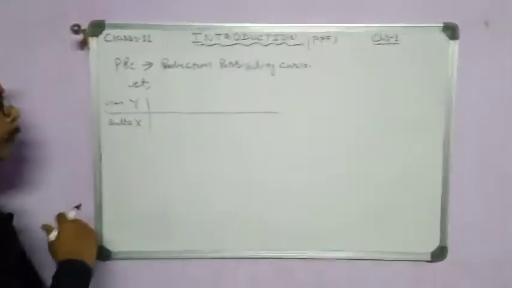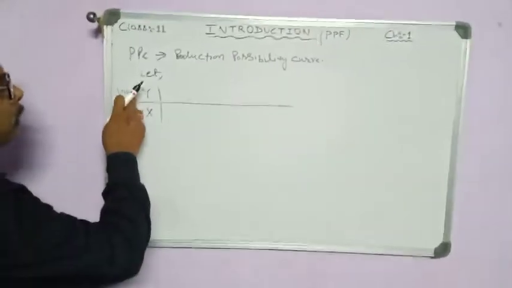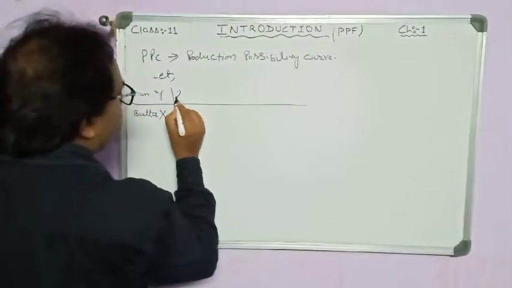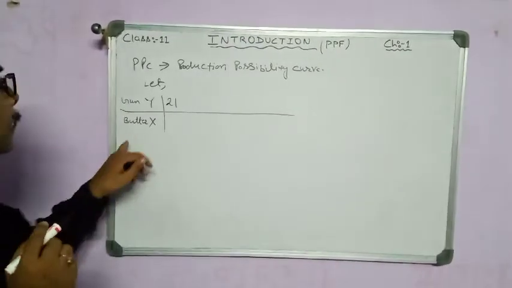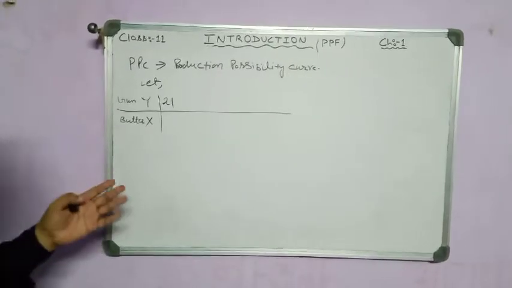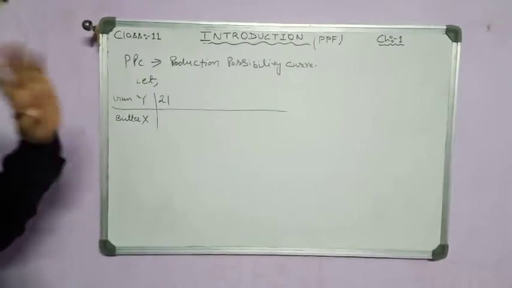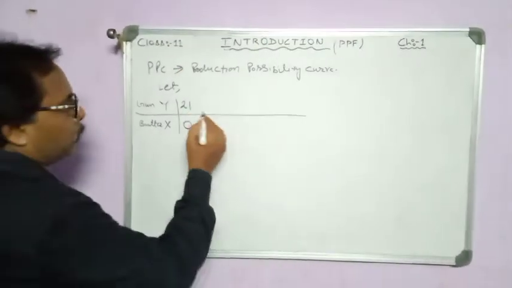If we apply all the resources in the production of gun, we are capable of producing 21 units of gun, and the production of butter will be 0 because all the resources are applied to gun.